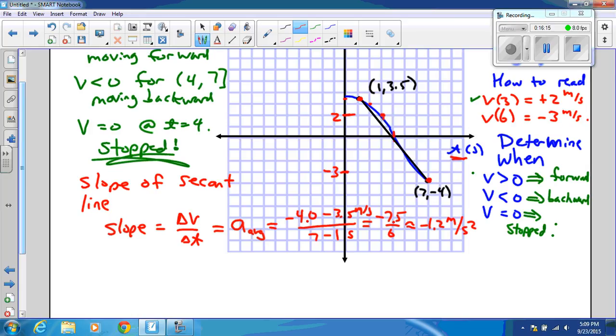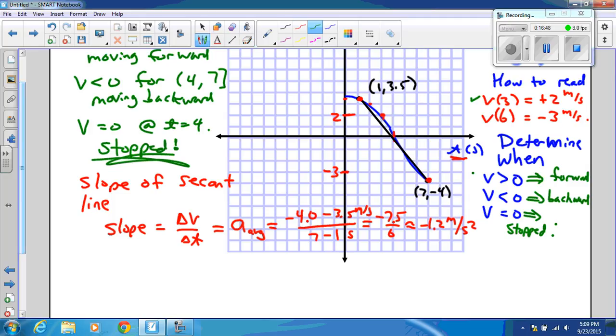We have meters per second in the vertical axis, and we have seconds from the horizontal axis, so that we get meters per second squared as the units here, which are in fact units of acceleration. The sign of the average acceleration is going to tell me on average that the velocity was going down or decreasing. That doesn't mean the particle was going backwards. It means that the velocity was decreasing during that time period.